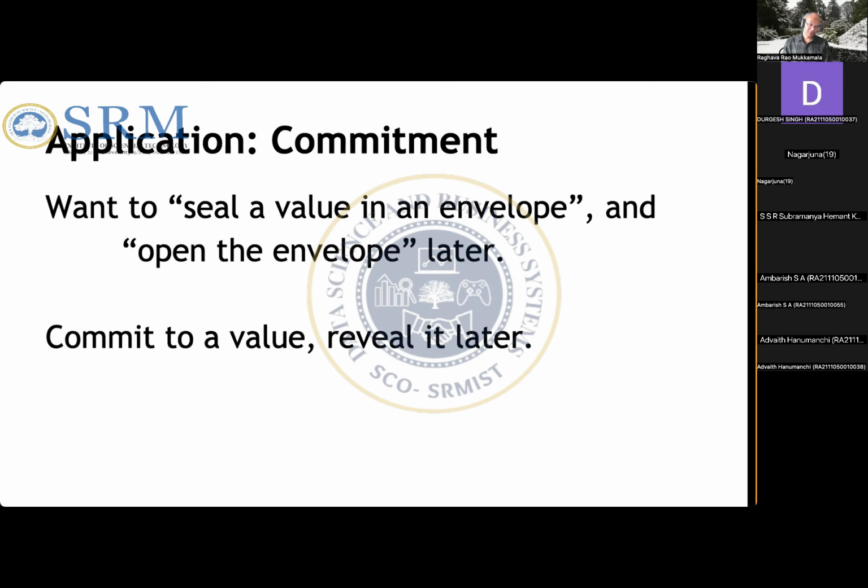So what is a commitment? You choose a value. For example, in this case, you have heads or tails. In the betting you have to choose one outcome, right? Let's say I choose heads, and then I seal it.